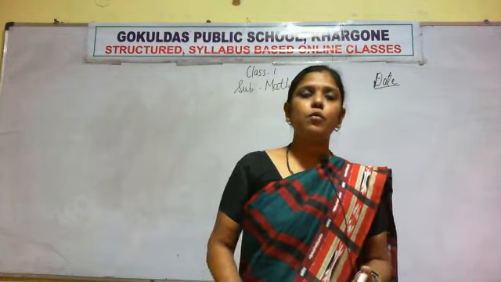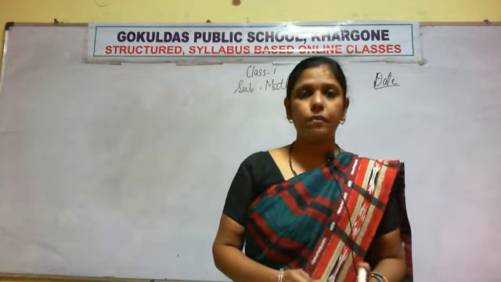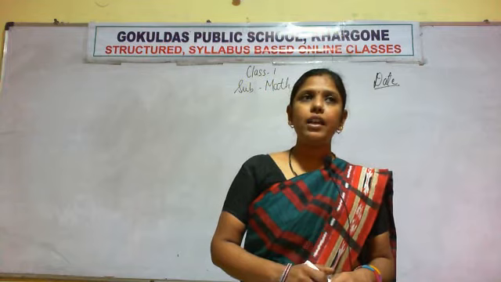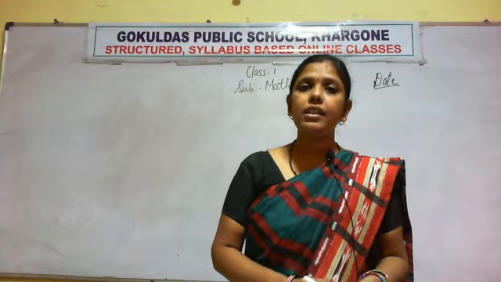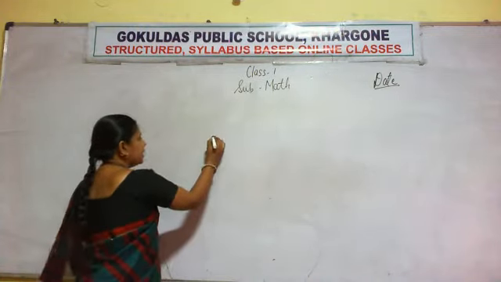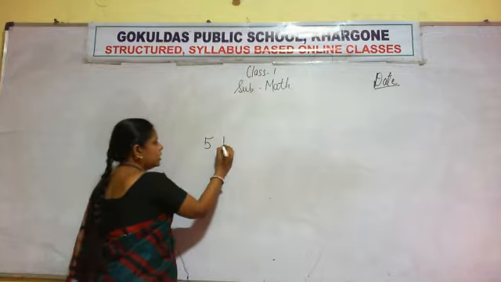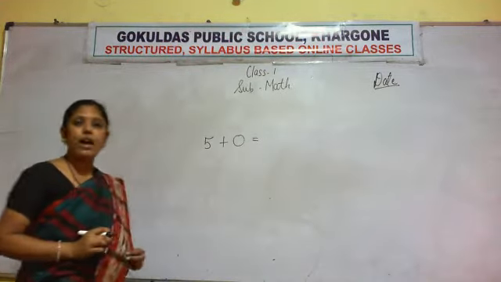What is the first property? Whenever we add 0 to any number, the answer we get is the number itself. जब हम 0 को किसी भी नंबर से ऐड करते हैं, प्लस करते हैं. Suppose 5 plus 0, so here we are adding 0 to number 5.